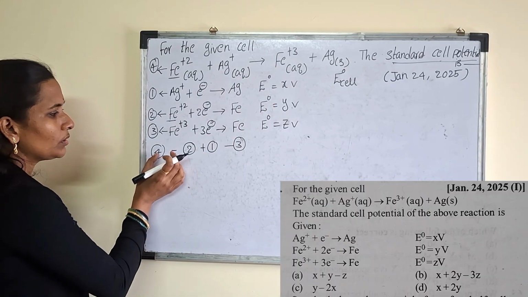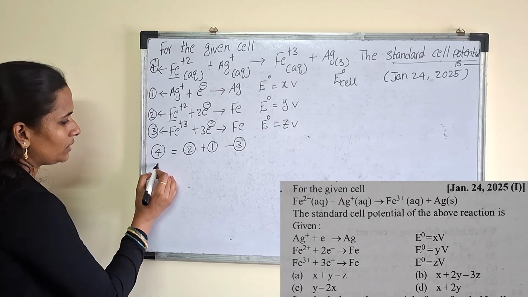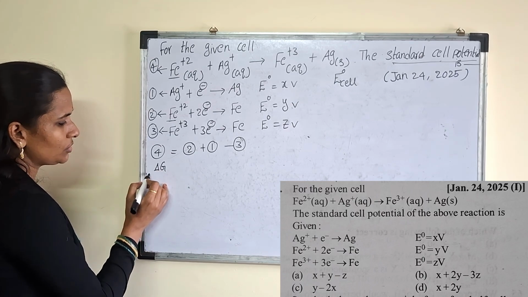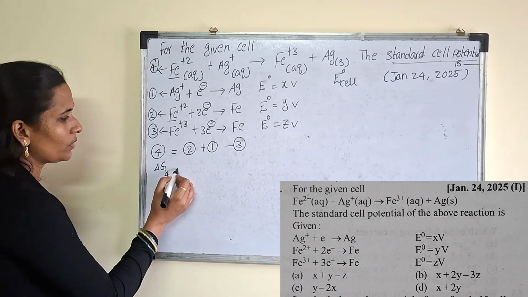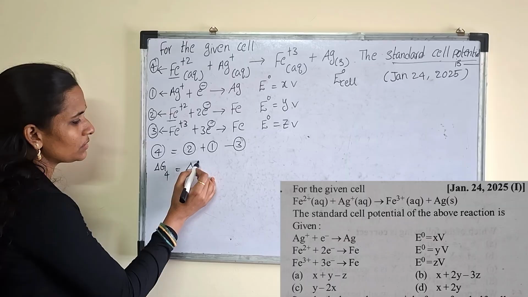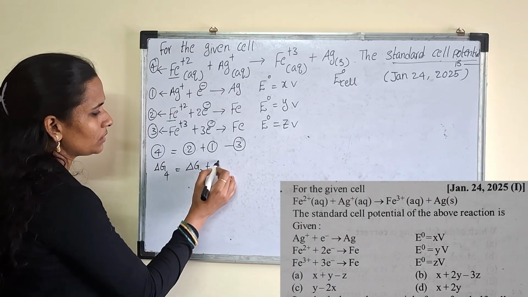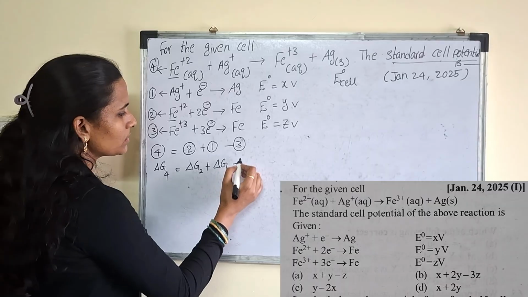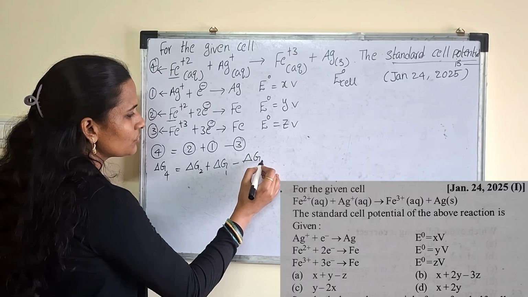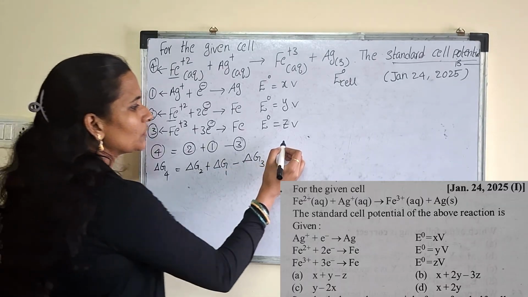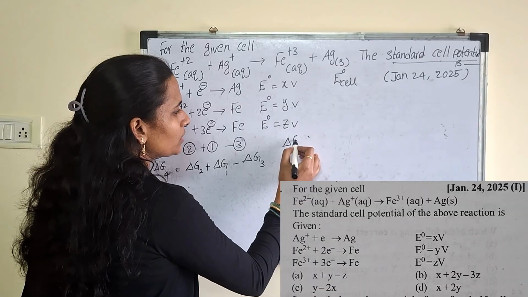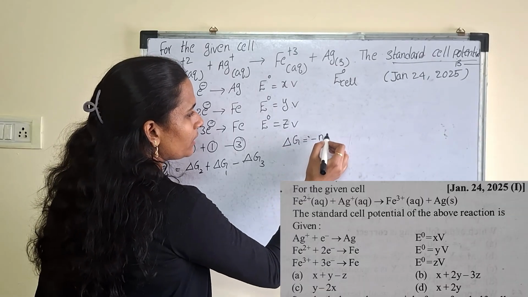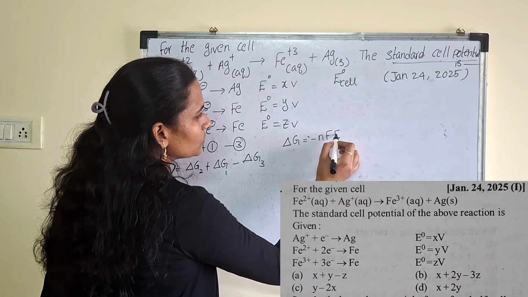Now for the fourth equation, the Gibbs energy change is delta G4 = delta G2 + delta G1 - delta G3. We already know the Gibbs free energy formula, delta G = minus nF E naught cell.